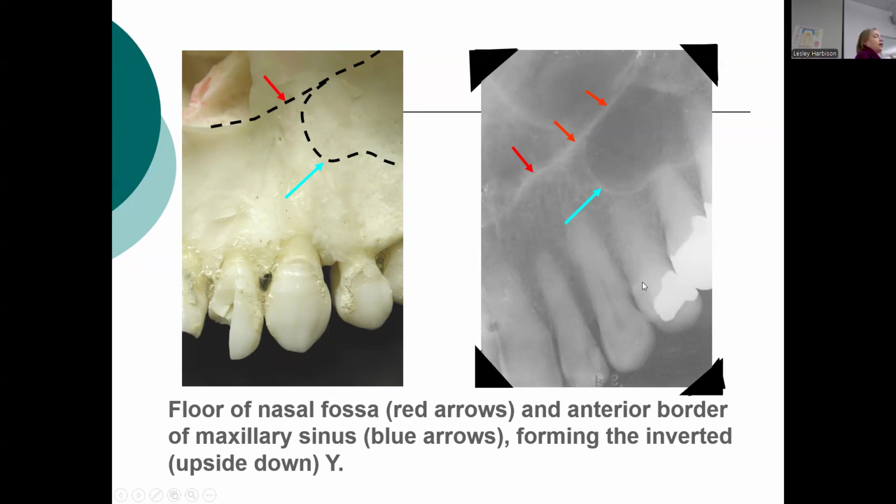They took a very, very angled picture. But it gives you a lot of visualization of the fossa, the maxillary sinus, and this inverted Y. Then you just look down from the nasal fossa, and you should see anterior teeth. You look down from the maxillary sinus, and you should see posterior teeth. That's how you can help yourself stay oriented as to what you're looking at.